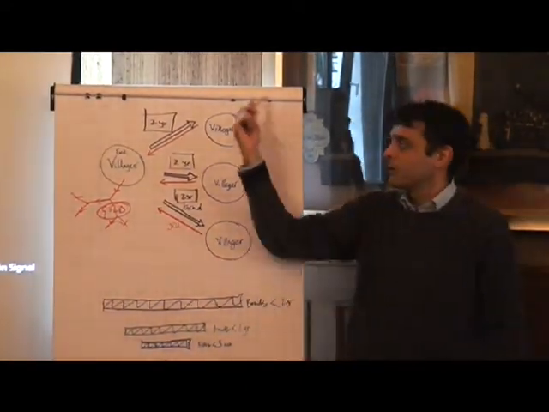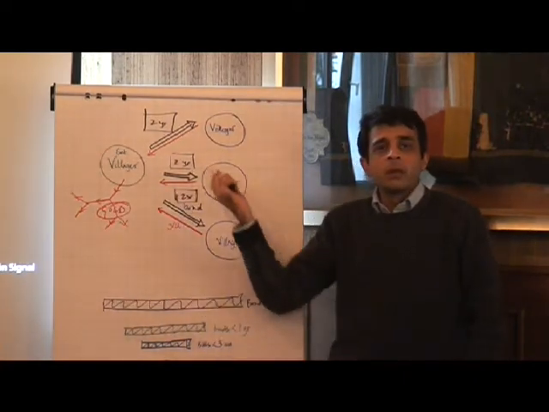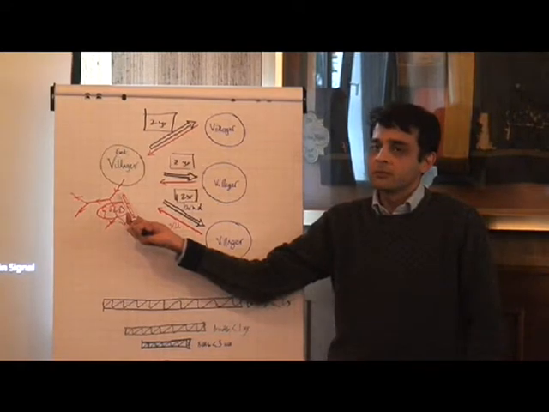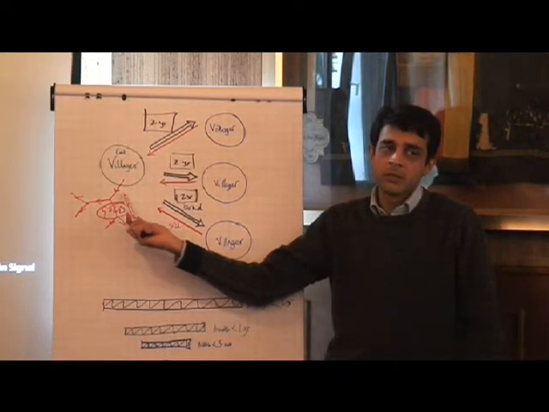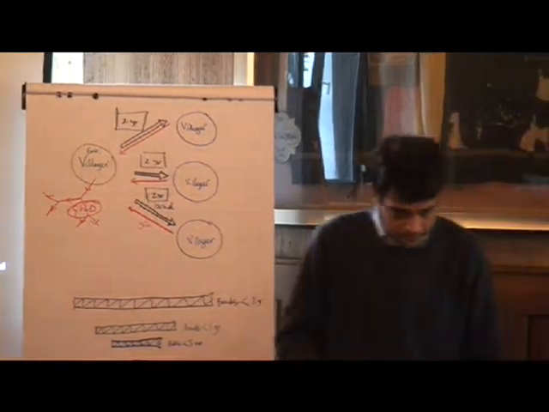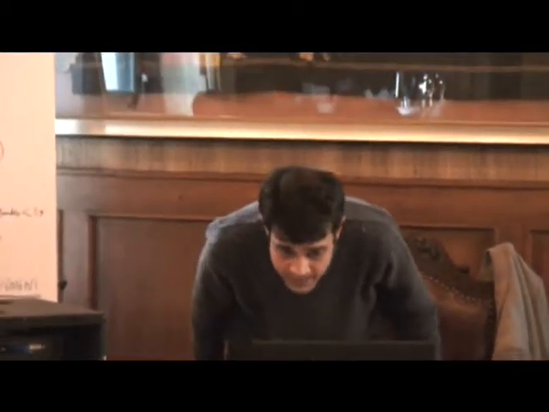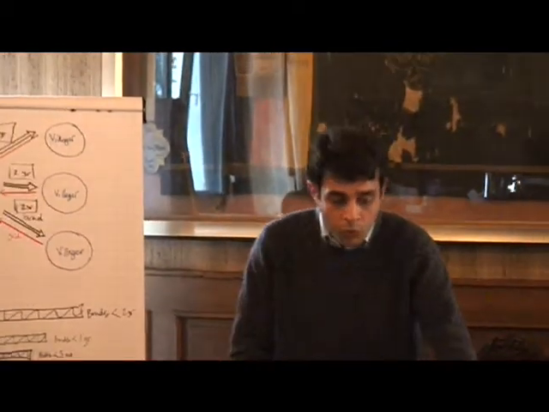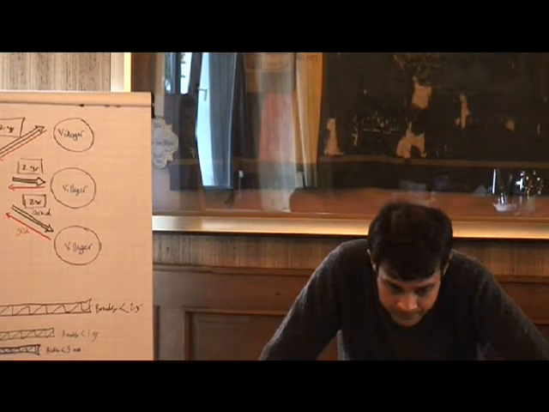Has the total amount of the gold in the village changed after this transaction? No. Okay, it hasn't changed. But the acknowledgement of the debt by the enterprising villager to the three other villagers creates the first form of higher order money.